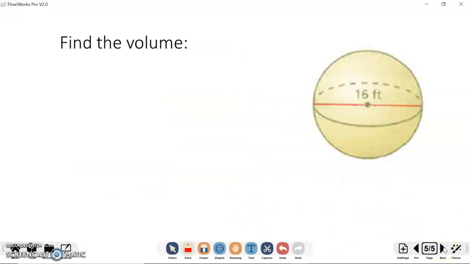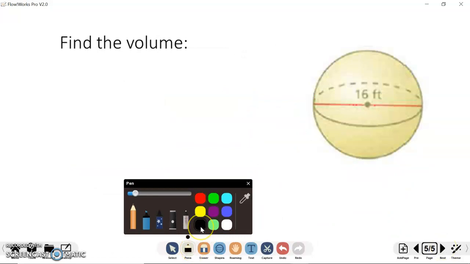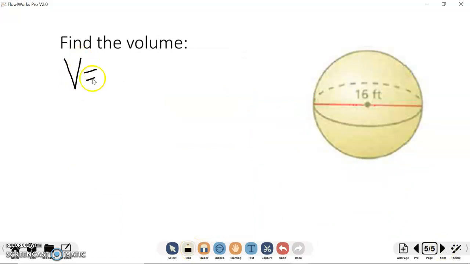All right, so finding the value of this sphere here on the right, we use volume equals 4/3 times pi times the radius to the third power. Now, when I look over here, though, I don't have a radius. I have a line that goes all the way across my circle, and that is a diameter.